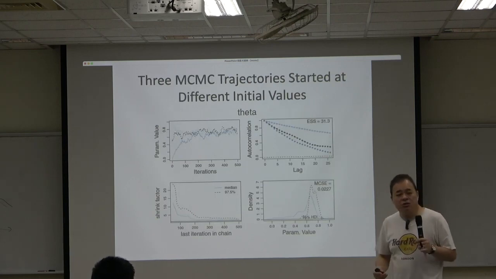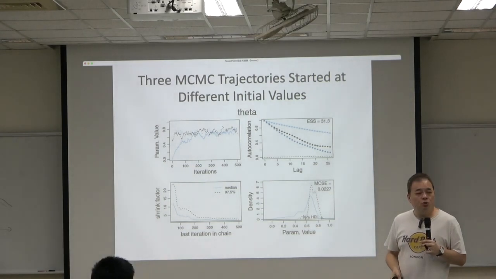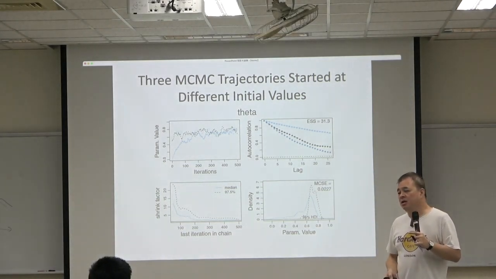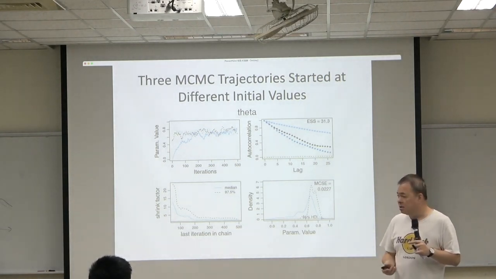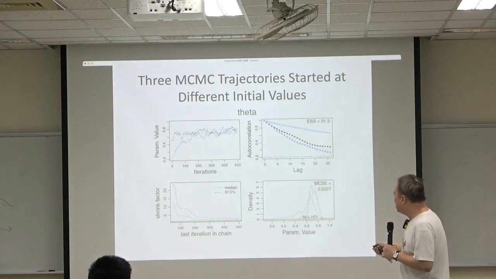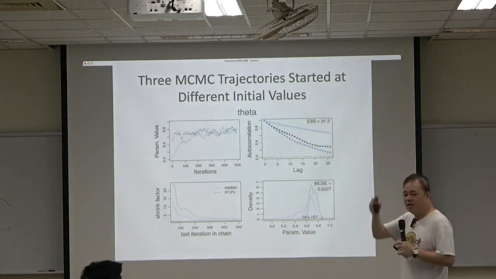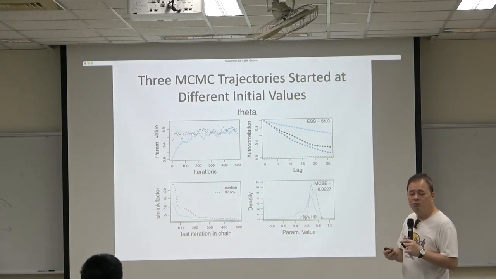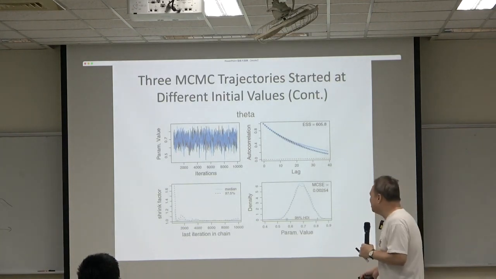Remember I told you, for representativeness, there are two ways to decide how representative your chain is. One is the upper left figure that shows whether your chains mix well or not. If you look at this one, it looks like it mixes pretty well.